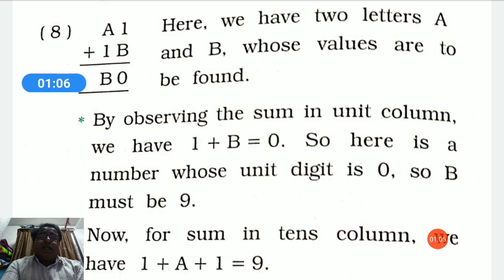So here is a number whose unit digit is 0. So B must be 9. 9 plus 1 is equal to 10.